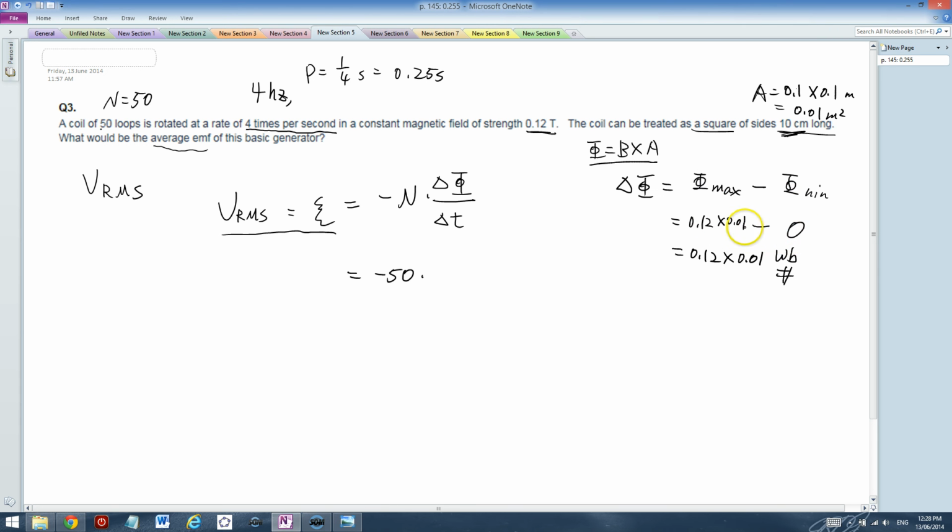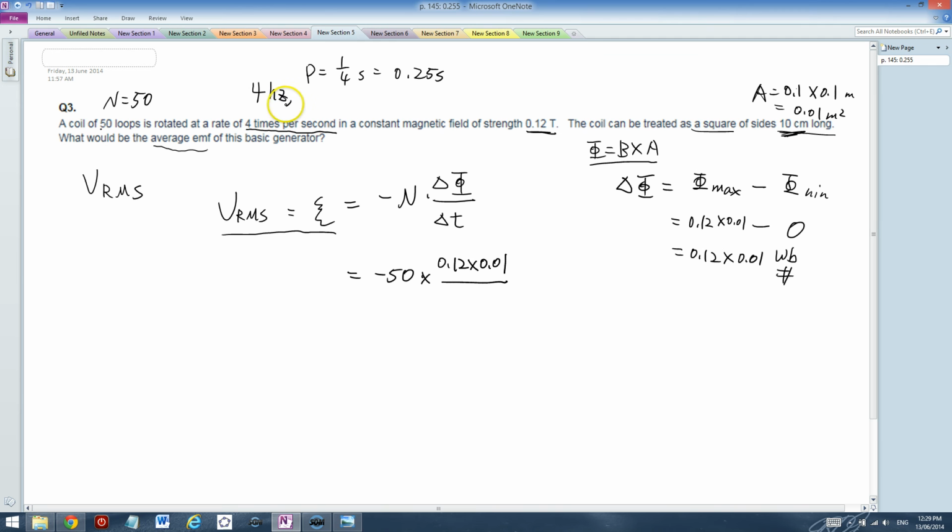That's the maximum change. Now what we need to do next is divide by the change in time.